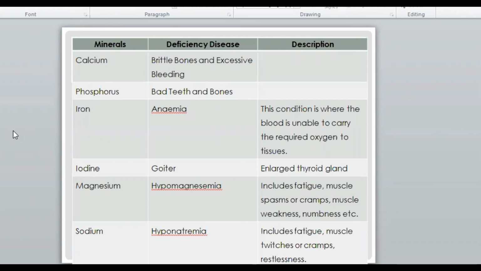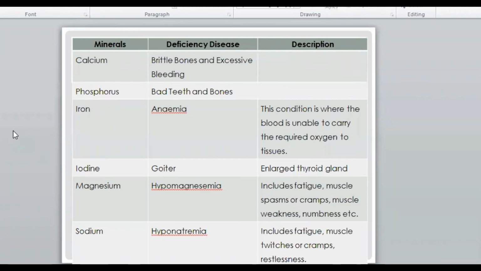Now, in the case of iron, again, we're seeing anemia appearing. And as I said earlier, a person who is anemic is whereby their blood cells are unable to carry the amount of oxygen that is required to be carried. The blood cells are unable to transport the required amount of oxygen to the different cells within the body.